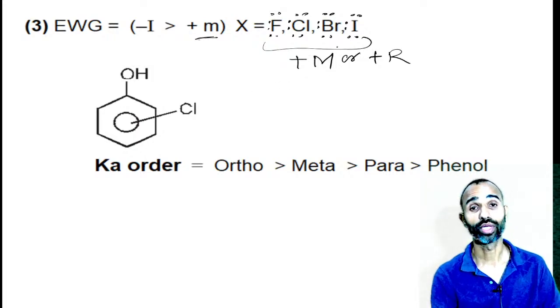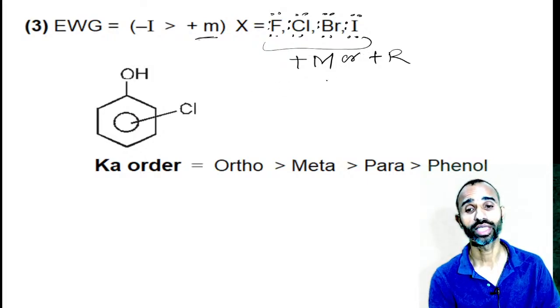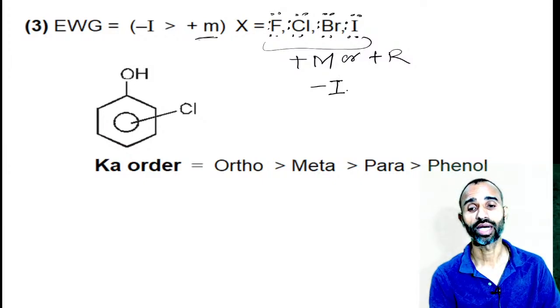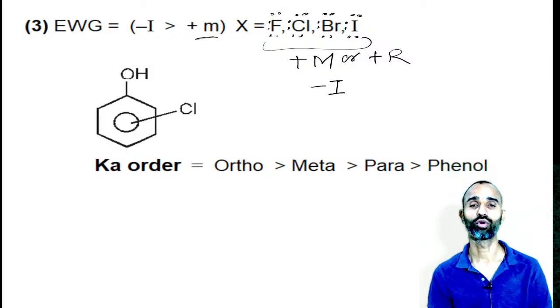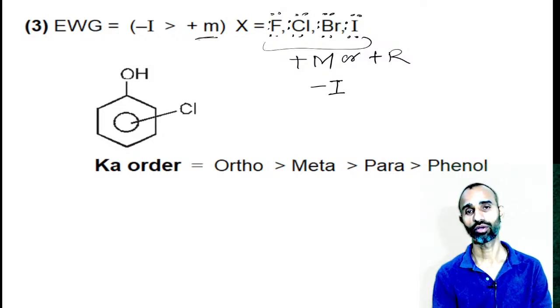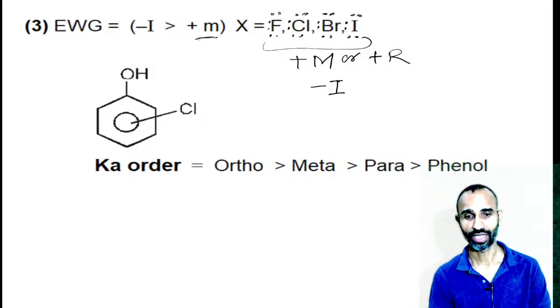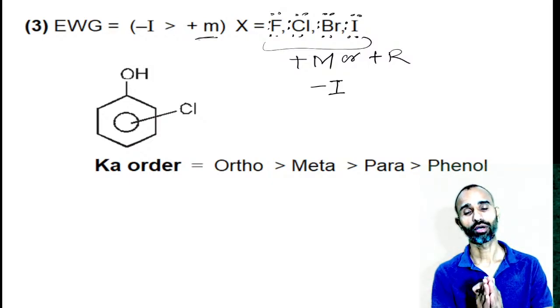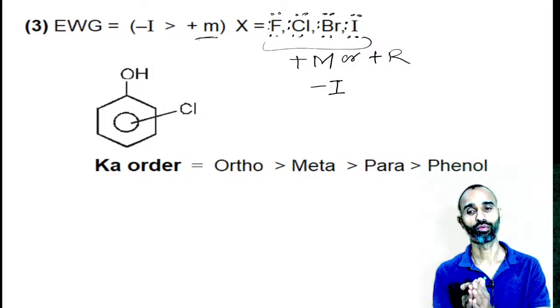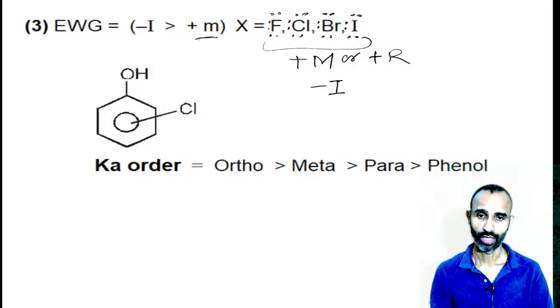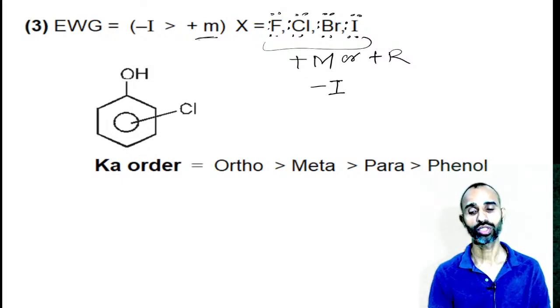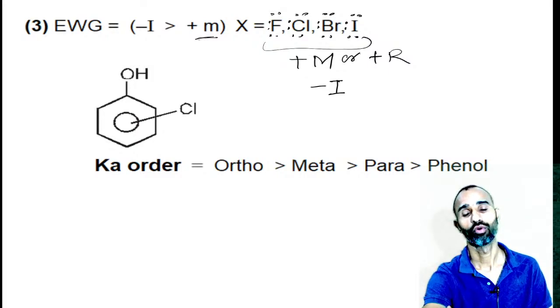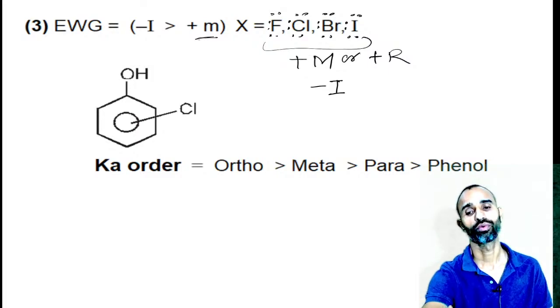But because fluorine, chlorine, bromine, iodine are all more electronegative than carbon, they have minus I effect, and in the case of halogens, inductive effect is dominating over mesomeric or resonance effect, and that's why all the ortho, meta, para are more acidic than phenol, and obviously ortho should be more acidic than meta than para because it is closer to the OH group. So order is always ortho, meta, para and then phenol.